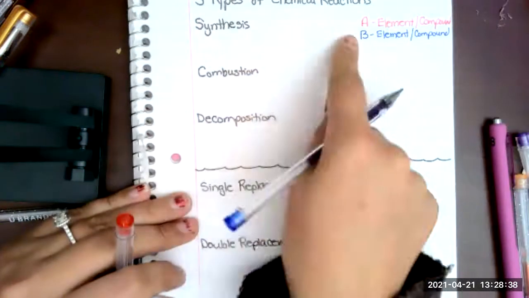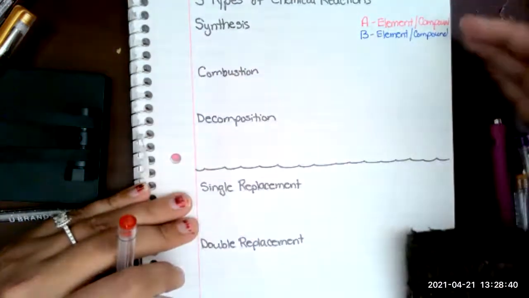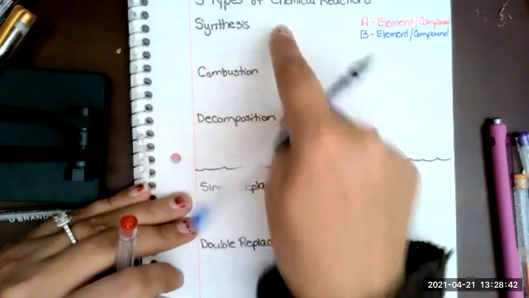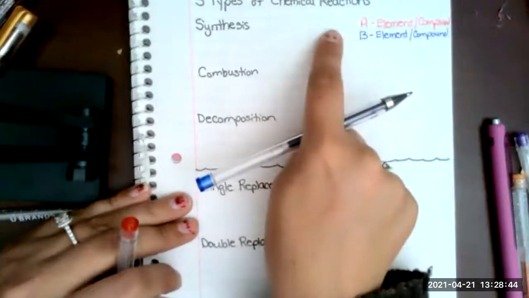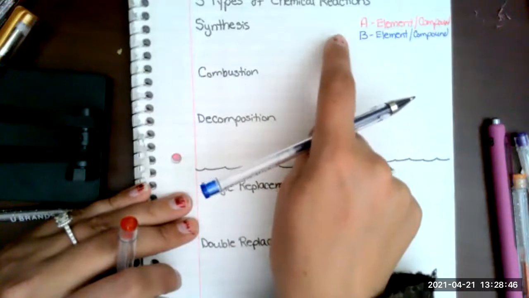So please note that for synthesis, combustion, decomposition, A is an element or compound, and B is an element or compound.